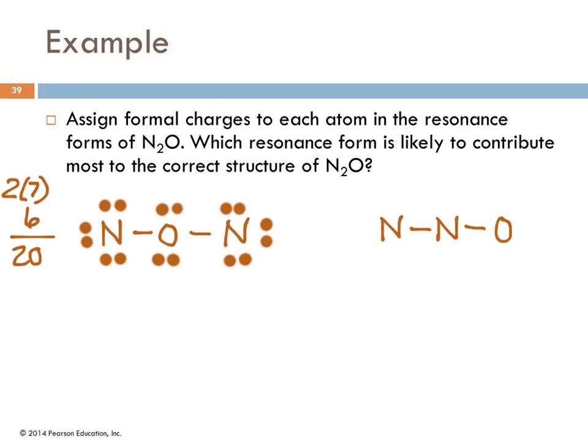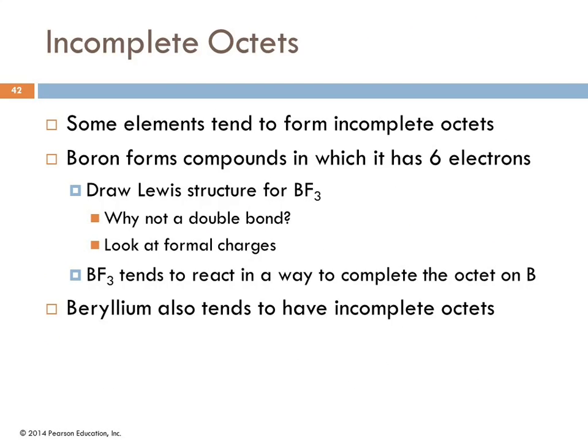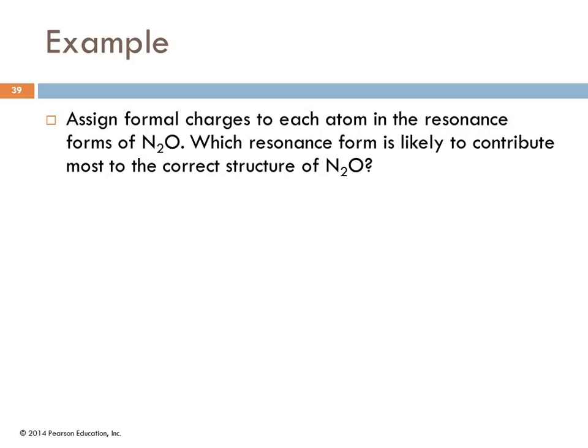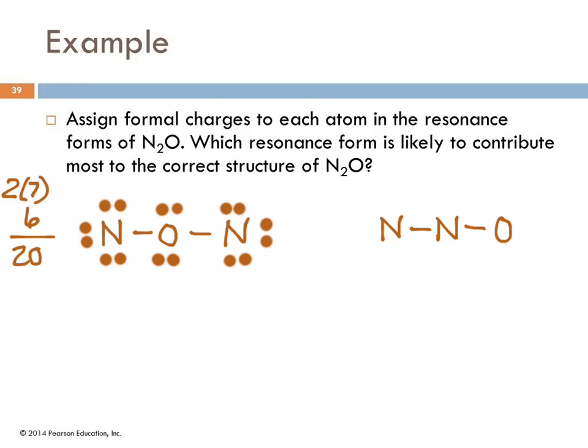Nitrogen has 7 electrons, but only has 5 valence electrons. I had a brain fart. I thought that was not looking very good there.